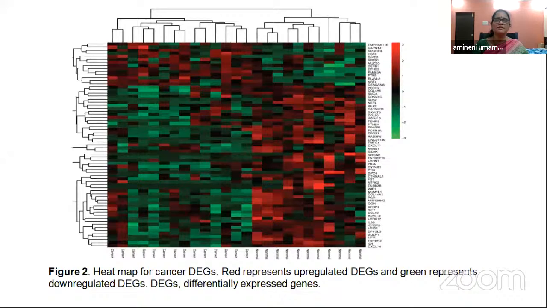This is the block heat map generated in the transcriptomic analysis, where red color indicates the overexpressed ones.